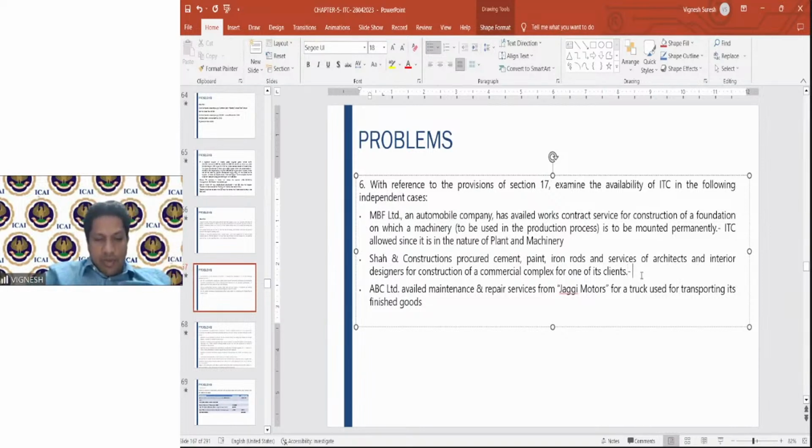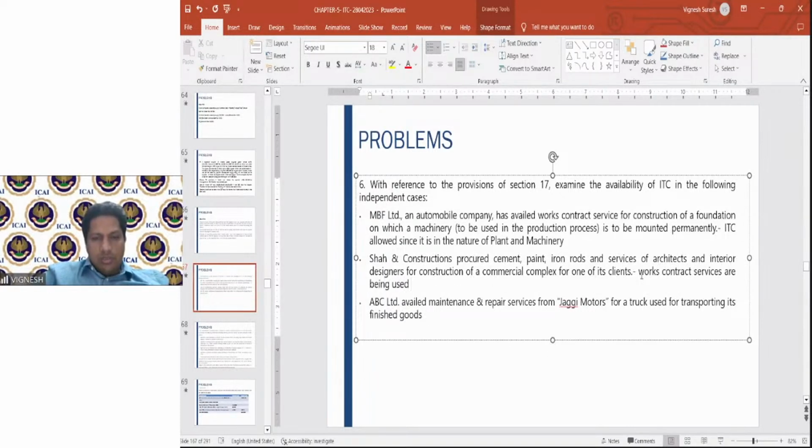So here the works contract services are being used for supply of further works contract services. Therefore, ITC is allowed.